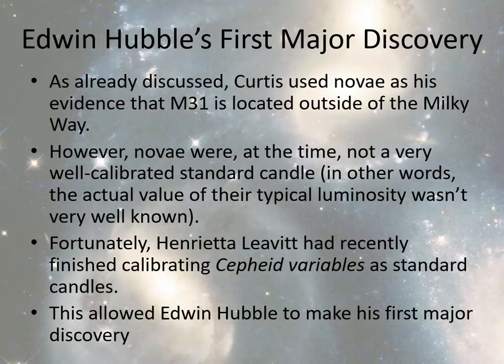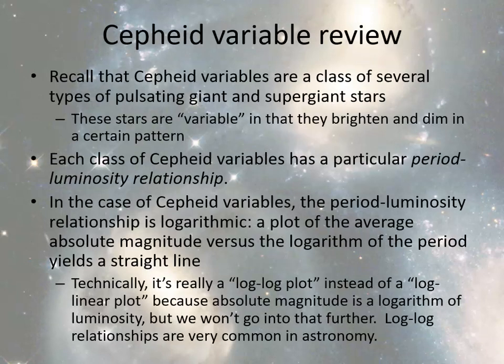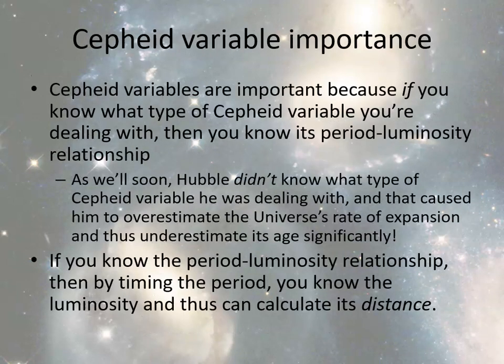So based on that period-luminosity relationship, we know how bright it is based on how long it takes between peak brightnesses of these things. And based on how bright we know it is and how bright it appears through the telescope, you can use the equation flux equals luminosity over 4 pi distance squared to solve for the distance to what at that time they called the Andromeda Nebula. Upon doing this, the realization was that these things are really, really far away.